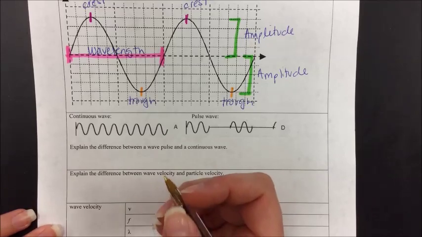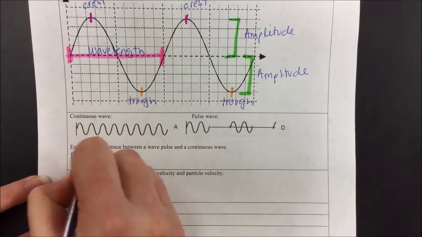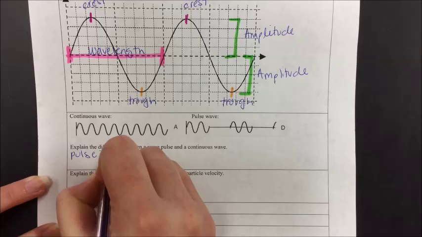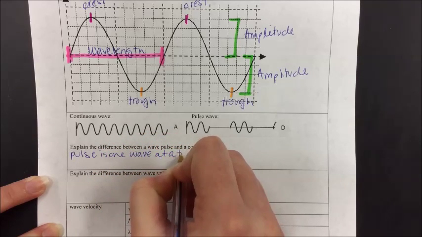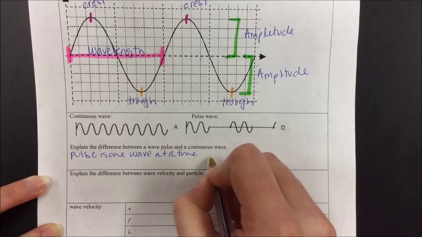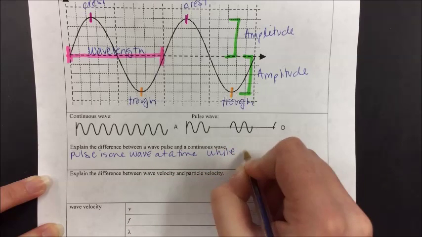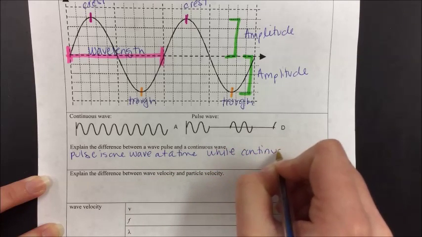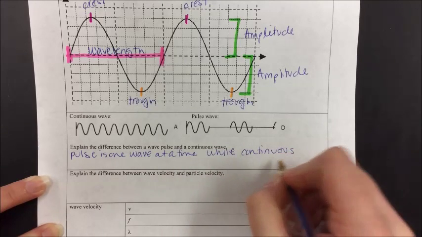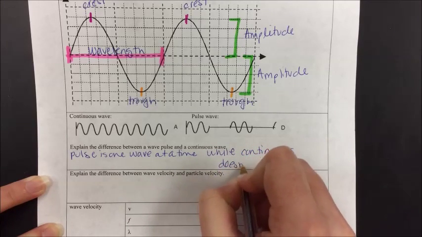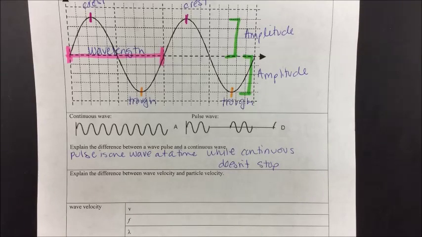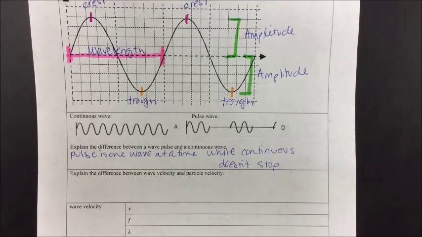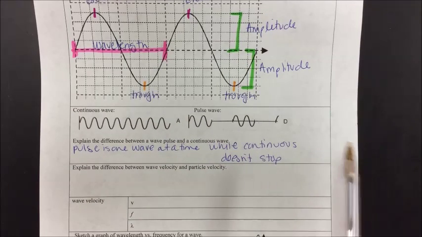The difference between those two is that pulse is one wave at a time, while continuous doesn't stop. And there's different uses for each of those, but you just need to know vocabulary-wise that there's a difference there.